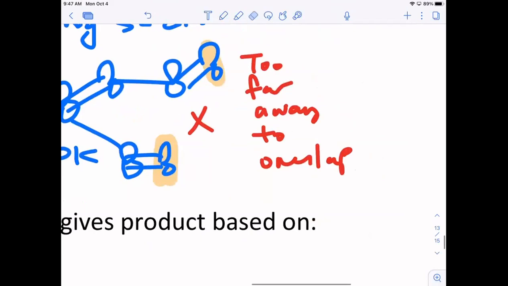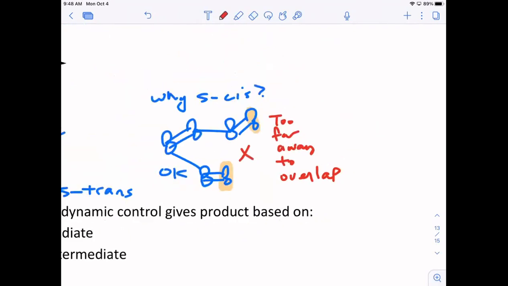It might not look like a big deal on paper, but when you're working at distances of nanometers, two or three nanometers can make a huge difference. When you're talking about bond lengths and optimal distances between orbitals to overlap, a few nanometers makes a huge difference as far as being able to actually interact and share electrons. So this is why S-cis is necessary.